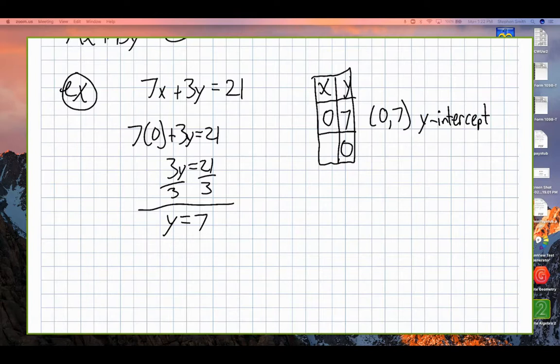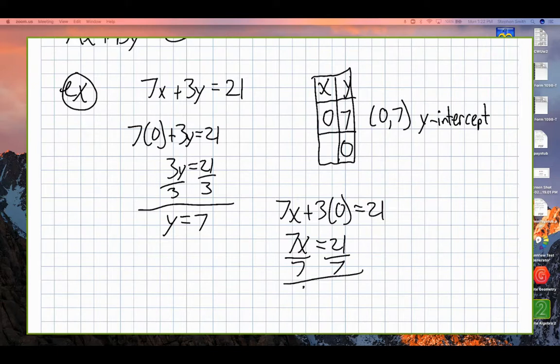So we're going to plug in a 0 for the y value. So let's write this equation again. We get 7x plus 3 times 0 this time equals 21. That is 7x equals 21. Divide both sides by 7, and we get x equals 3.